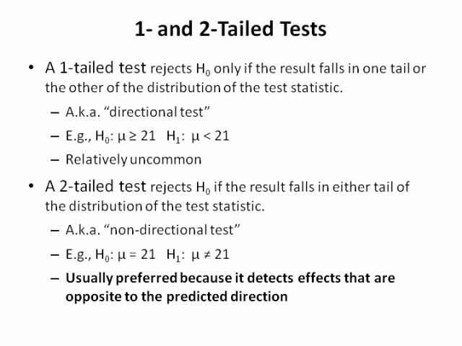The mean is equal to 21. And our alternative hypothesis is the mean is not equal to 21. So it's different, the opposite of our null. And again, we reject the null if our result falls in either tail, upper or lower.